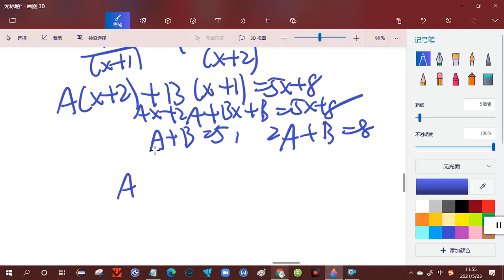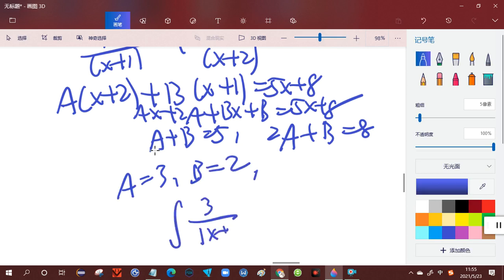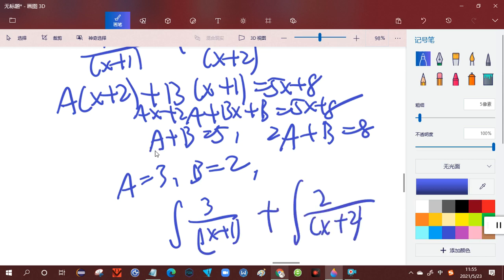It is clear a is equal to 3, b is equal to 2. So we can then get 3 over (x plus 1) plus 2 over (x plus 2), right? Wait, I think I got them on opposite sides. So this is 3 over (x plus 1), and this is 2 over (x plus 2).